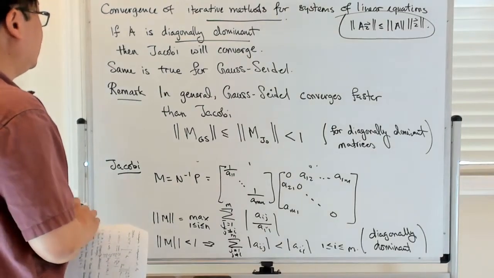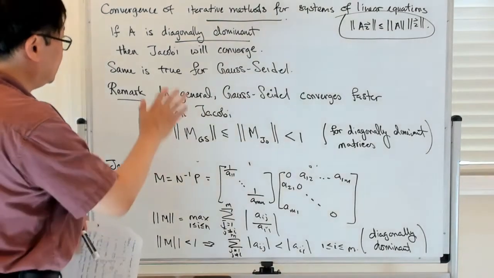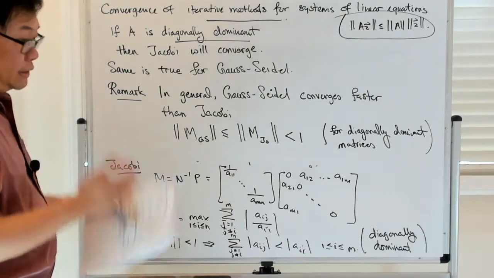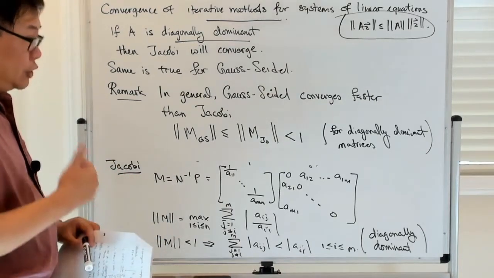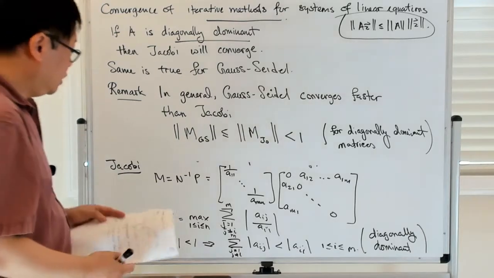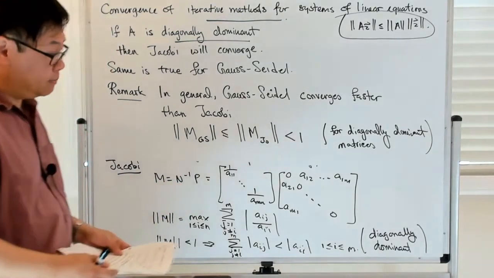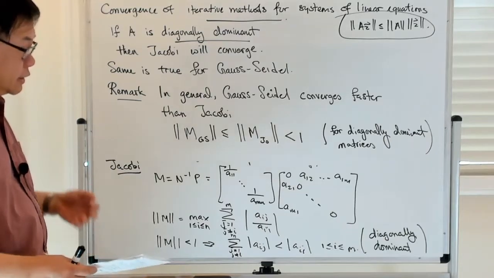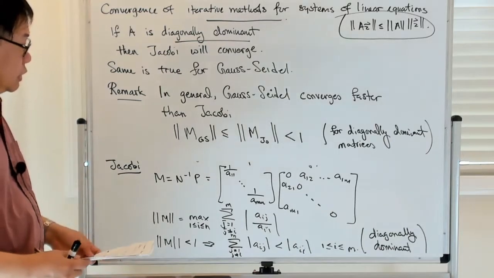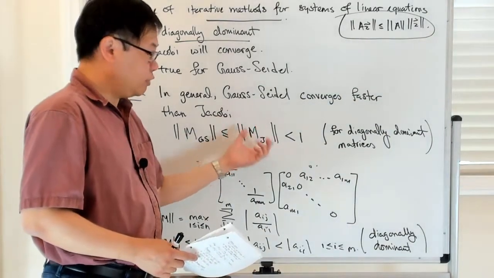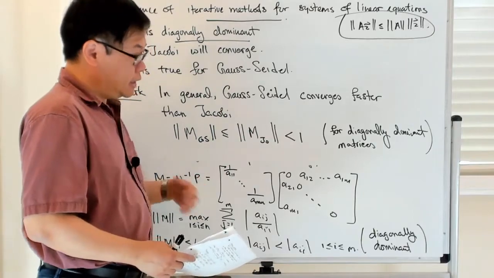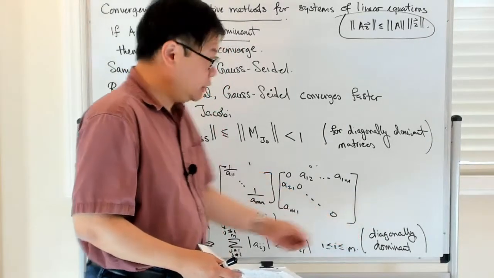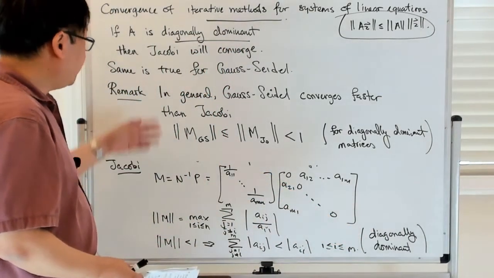So what we now know is that Gauss-Seidel and Jacobi iterations for the iterative solution of linear systems of equations converge at a linear rate, which depends on the matrix norm of N inverse P. When looking at the operator norm induced by the infinity norm on vectors, the condition that the operator norm of N inverse P is less than 1 is satisfied when you have a matrix A which is diagonally dominant.